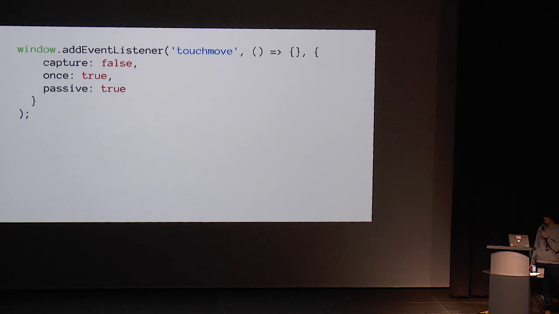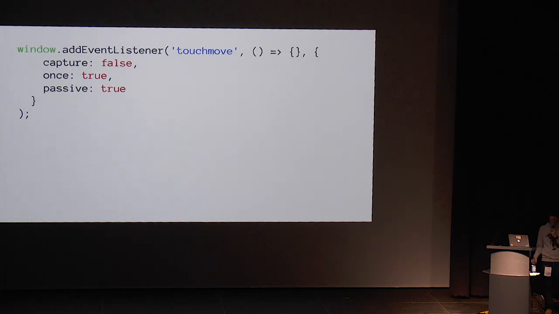And then another one, a little bit more interesting, I'd say, is passive. There's one problem with mobile phones. Have you ever tried scrolling a web page? This is often pretty janky, and this is because when you scroll and use, for example, touchmove, then you are, as a developer, able to prevent this touchmove from happening, which is good on the one side because it allows flexibility, but it's also bad because browsers need to wait until all touchmove event handlers are done with their work before they can actually paint a scroll, because you could cancel it and then the browser wouldn't be allowed to scroll.